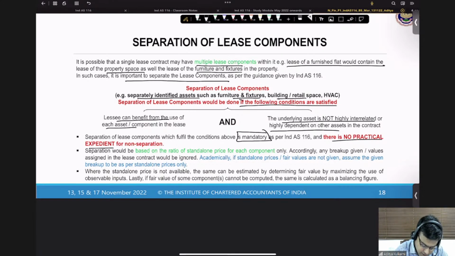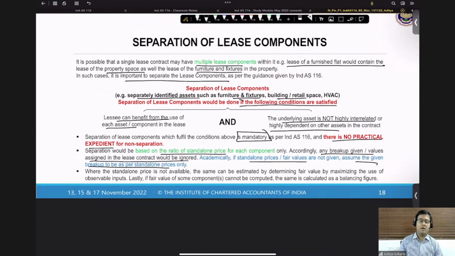Separation would be based on the ratio of standalone price. We saw that. Therefore, any breakup or any values assigned in the lease contract would be ignored. Academic purposes only: if standalone prices or fair values are not given, assume the given breakup to be as per standalone prices only. This is only for exam purposes, for academic purposes.